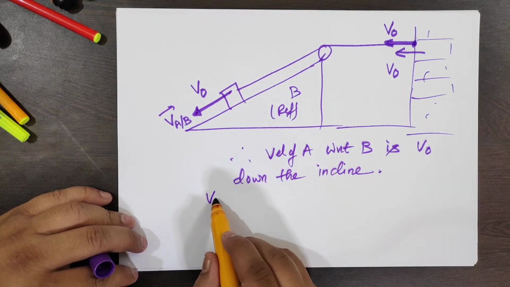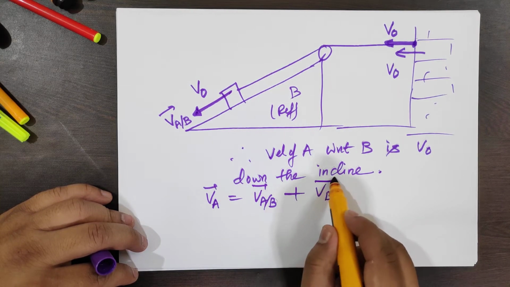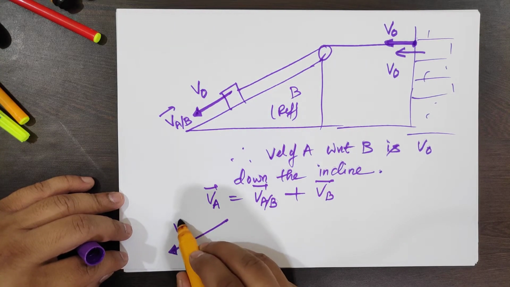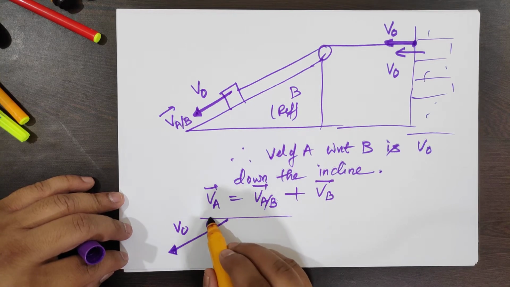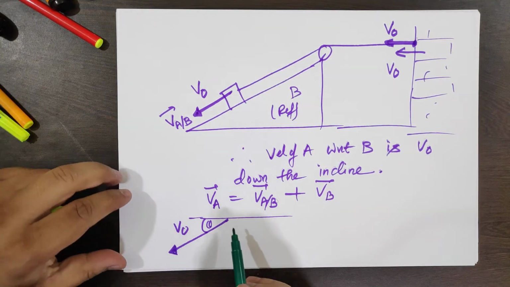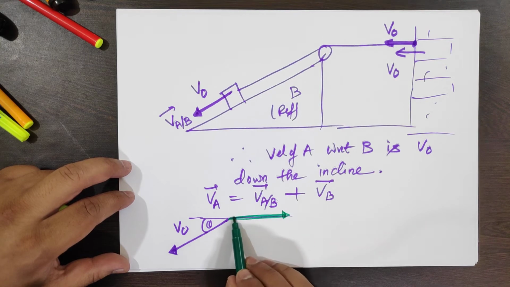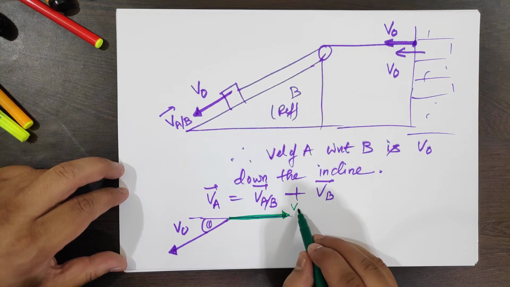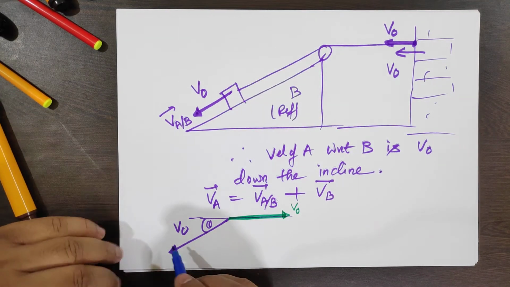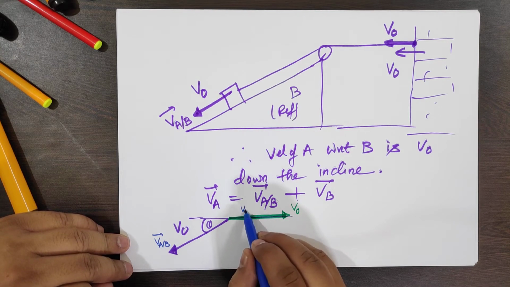Now velocity of A with respect to ground is VA with respect to B plus VB. So again you have to add up this. That's V naught, angle theta, this is also V naught, but these vectors are different, right? This vector is VA with respect to B and this vector is VB.